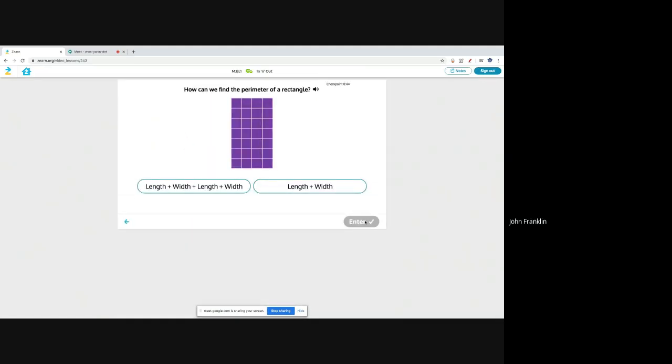Which addition could help us? So what did I do? I did the length and the width, right? So the length was 7, the width was 4, the length on this side was 7, the width on this side was 4. So I think I did length plus width plus length plus width. Had I only done length plus width, that's 7 plus 4, which is only 11.